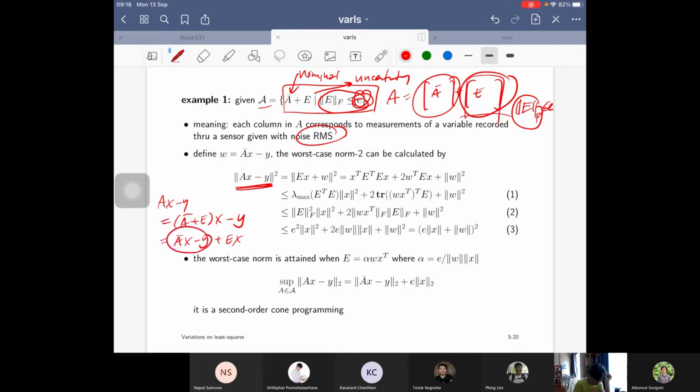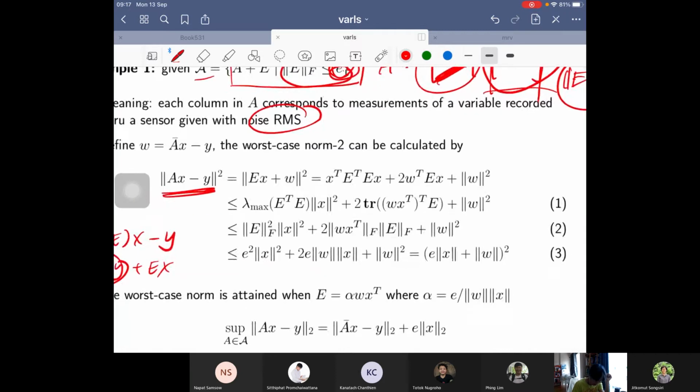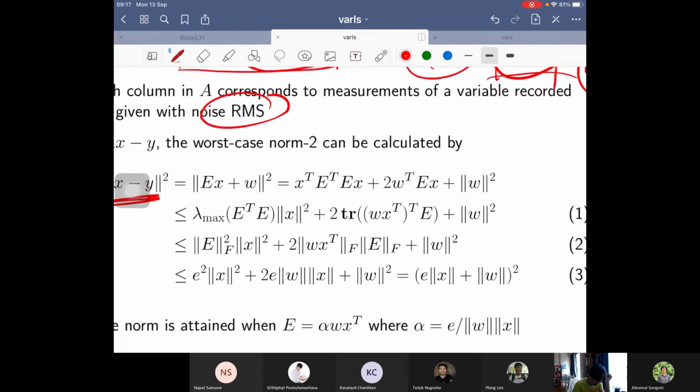To shorten the notation, I'm going to call this W, because in the process of computing the worst case norm, x, y and A bar are known and fixed. The nominal value of A is supposed to be known and fixed. So I call this W instead.